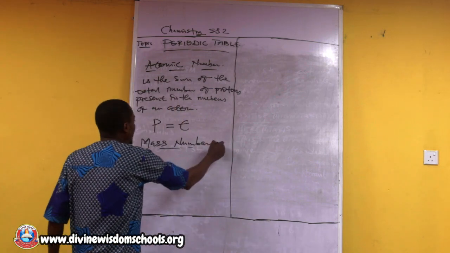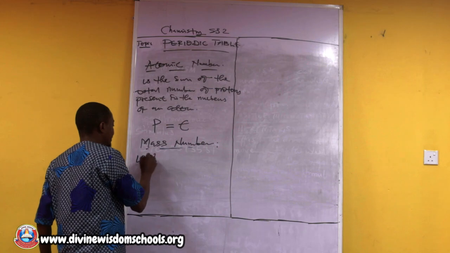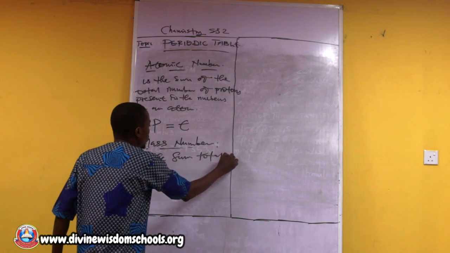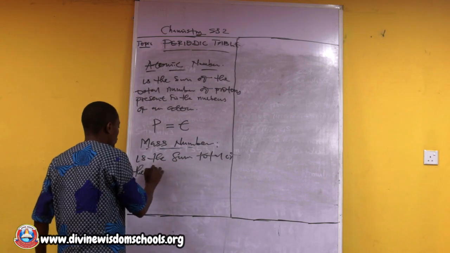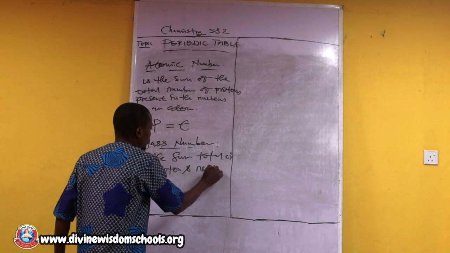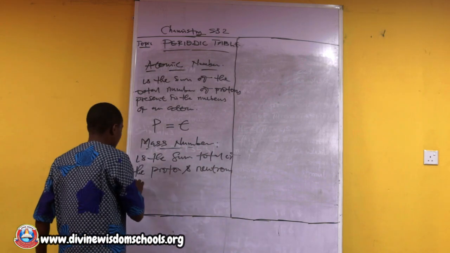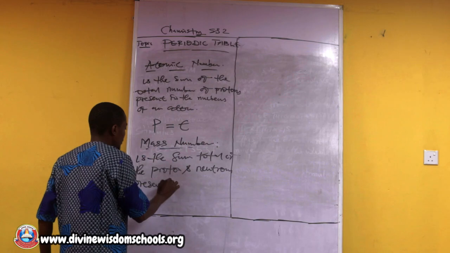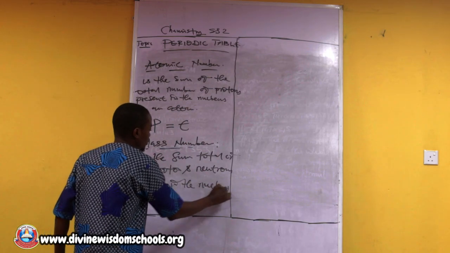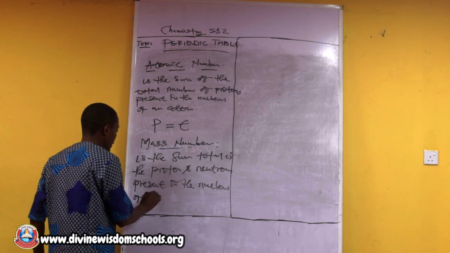So we can put down that the mass number is the sum total of the protons and neutrons present in the nucleus of an atom.